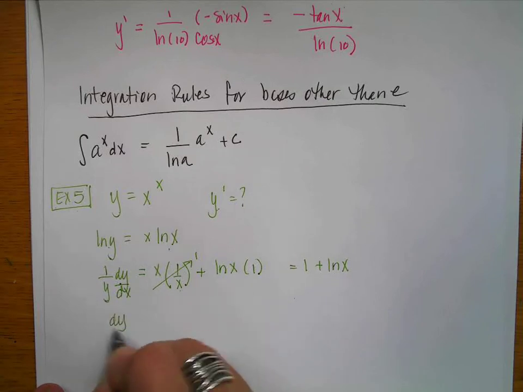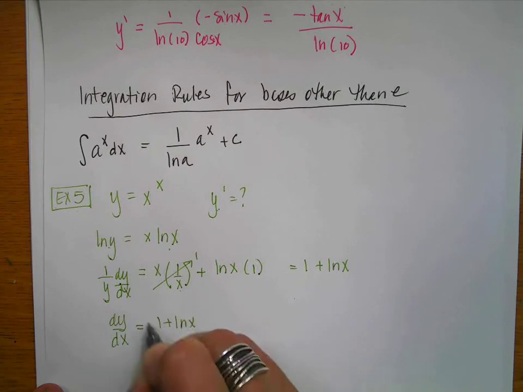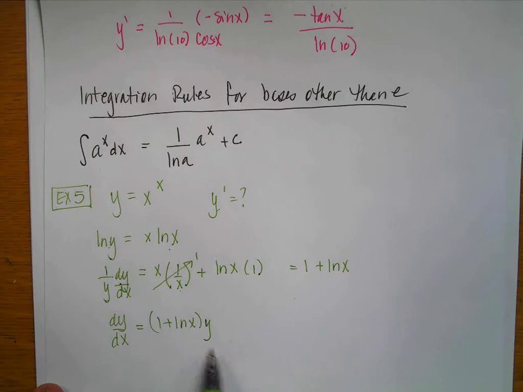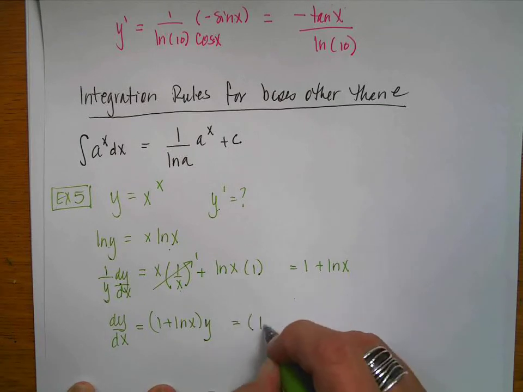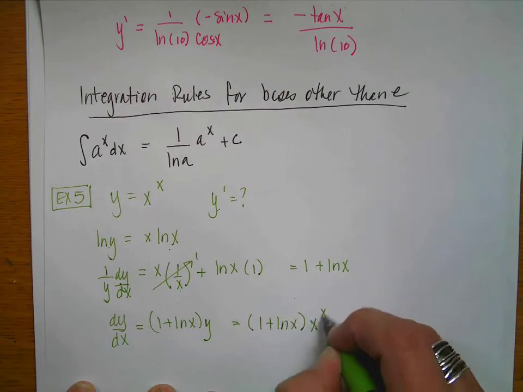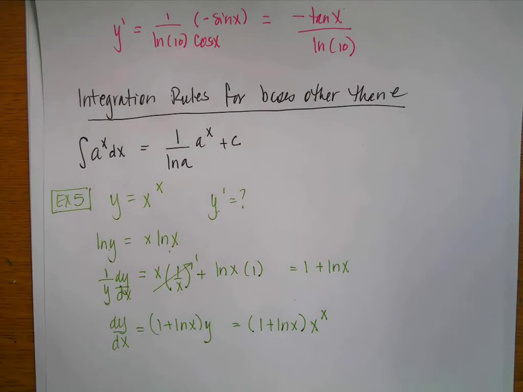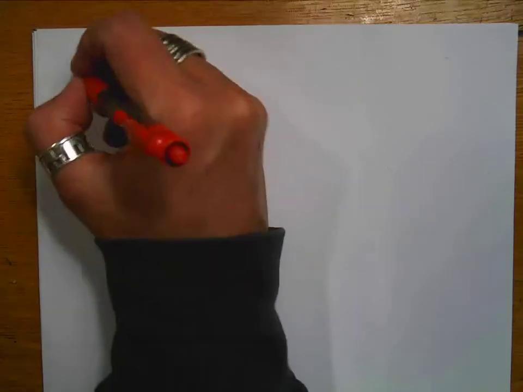So I'm going to multiply both sides of the equation by y, so I'm going to say dy dx is equal to 1 plus the natural log of x times y, but I know what y is, so I'm going to rewrite this as 1 plus the natural log of x times x to the x, because that was the original given problem for y. Alrighty, let's move on and do another example.